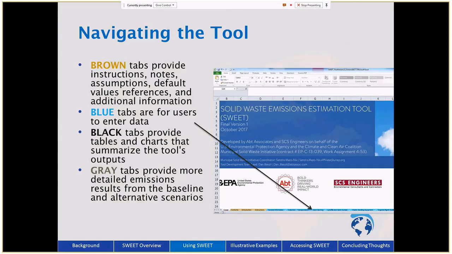The blue tabs are where the users enter data. Black tabs provide tables and charts that summarize outputs, and then there are several additional tabs that are colored gray, and these provide more detailed emissions outputs that users may be interested in.